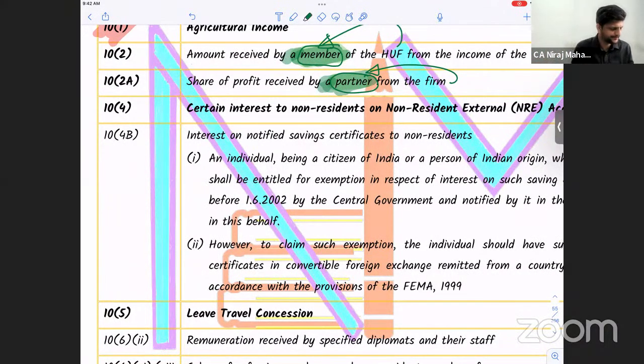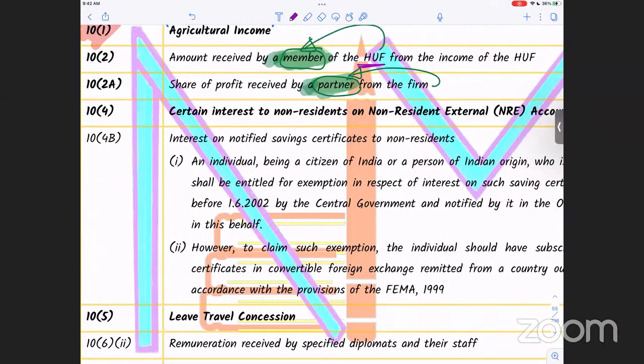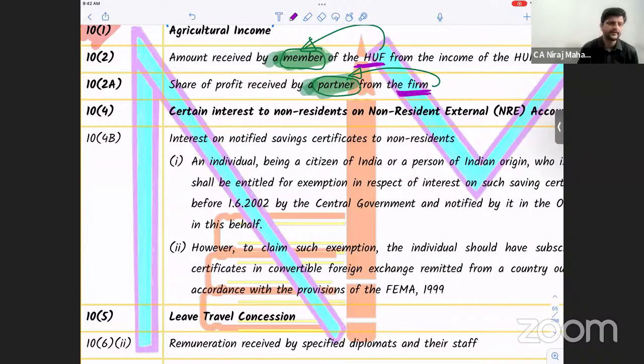Any logic? Why is it exempt in the hands of the member or partner? Because the HUF and the firm have already paid the taxes. Who has earned the income in the first stage?